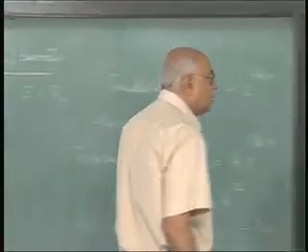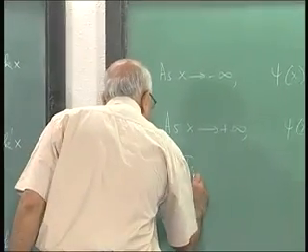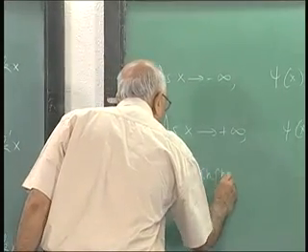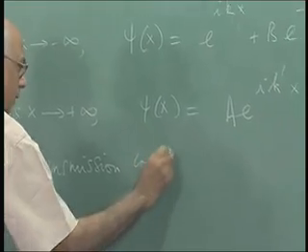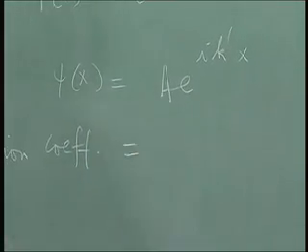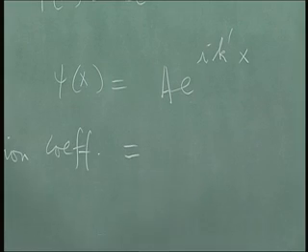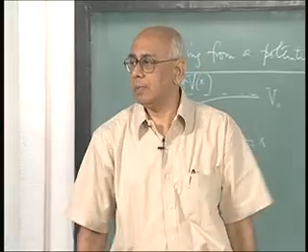So I define the transmission coefficient equal to the ratio of the transmitted probability current to the incident probability current.